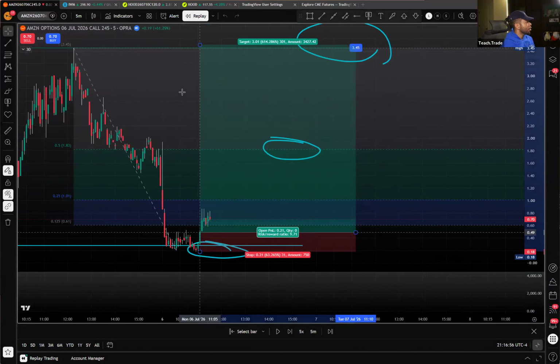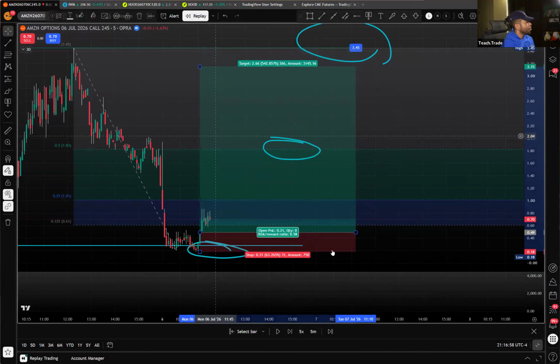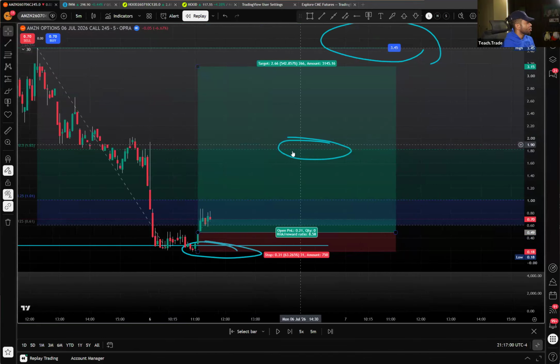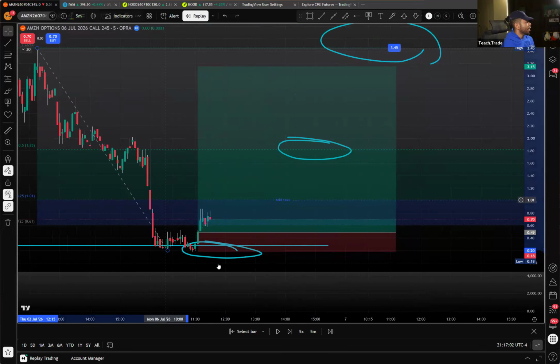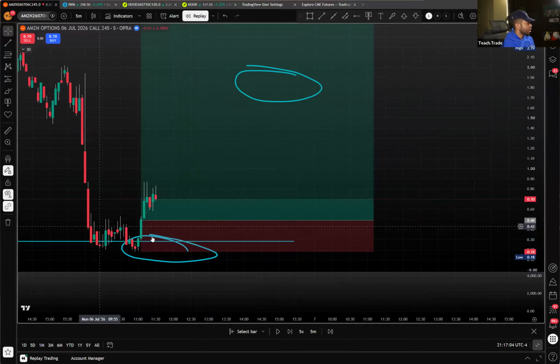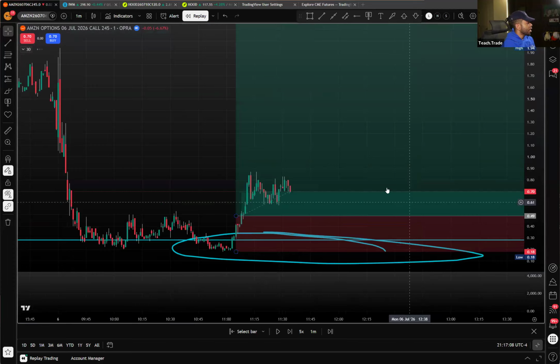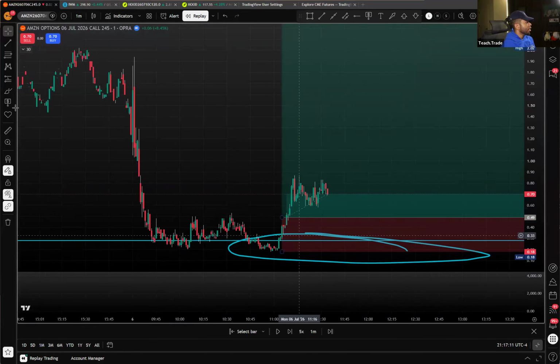If you guys honestly want to know how I prefer to make some of these quick trades, especially with the shorter term expiration, I like to take them as I'm seeing a proven move. I typically am on the 5 or 1 minute time frame, and I like to see movement as it's moving away from this previous low.